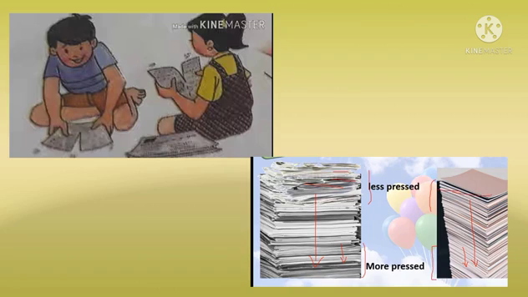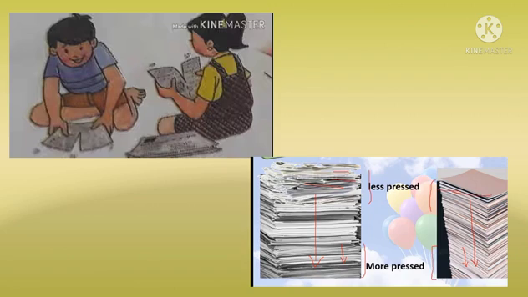Students, you can see this in the picture. When all the sheets have been placed, observe the difference in the upper and lower layers of the papers. What do you see students? We see that as we place more and more papers on the pile, the sheets at the lower level are pressed down by the sheets above them.